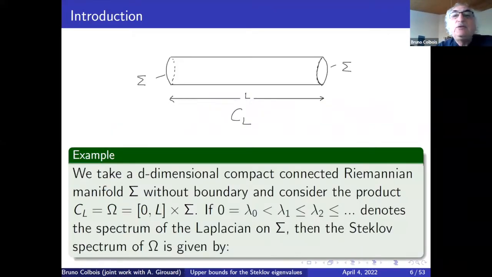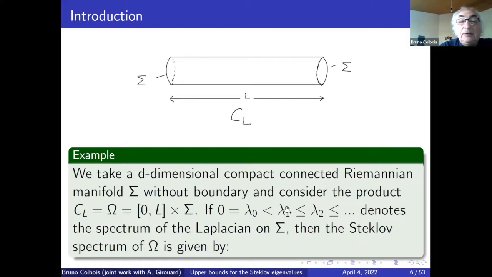Let me begin with two very simple examples, but for me very enlightening. The first is the following. You begin with a compact manifold Sigma without boundary of dimension d, and as Omega, the manifold with boundary, you just consider the product.